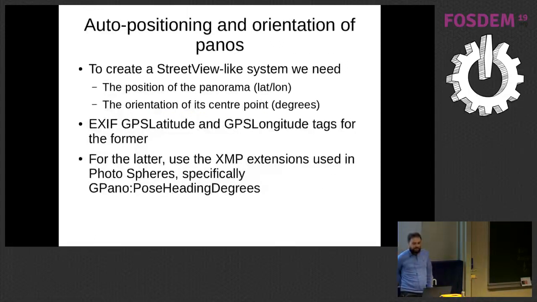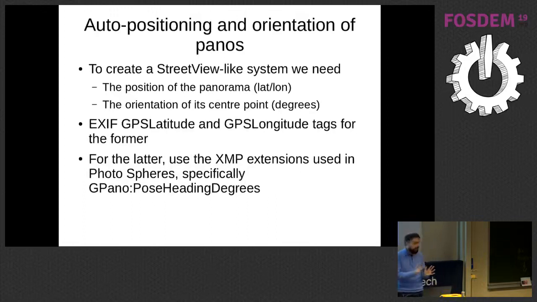Okay, so what do we do about positioning the panorama? Now, what we can do, hopefully, is to actually extract the lat and lon from our panorama directly. If you're using a photosphere, you can certainly do this, because photospheres include the GPS latitude and longitude as EXIF tags.